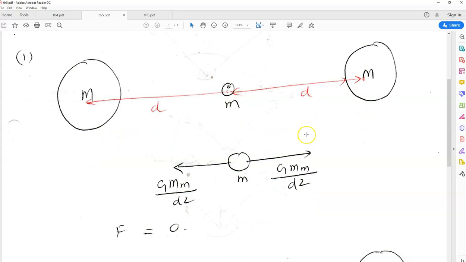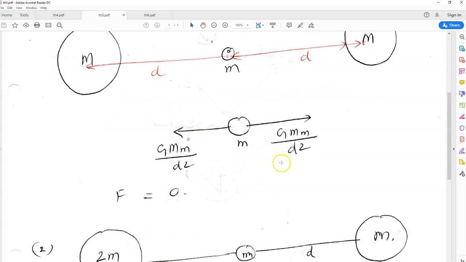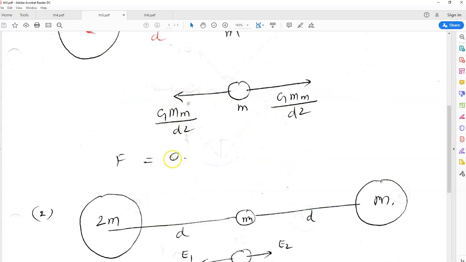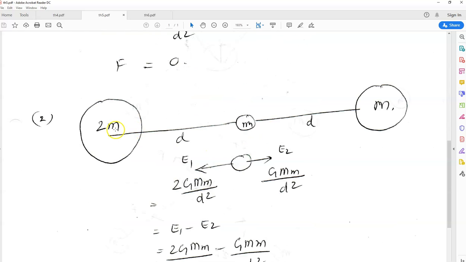Here you can show the force acting on this smaller mass. One mass is attracting this way, the other mass is attracting this way. If you apply the formula, you get GMm/d² on this side and GMm/d² on this side. Both forces have the same magnitude but opposite direction, so the vector addition gives you a net force of 0.